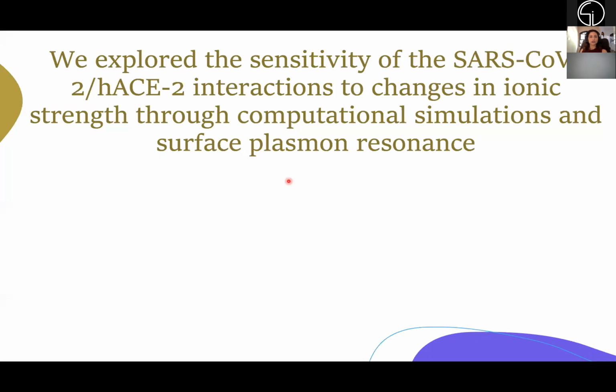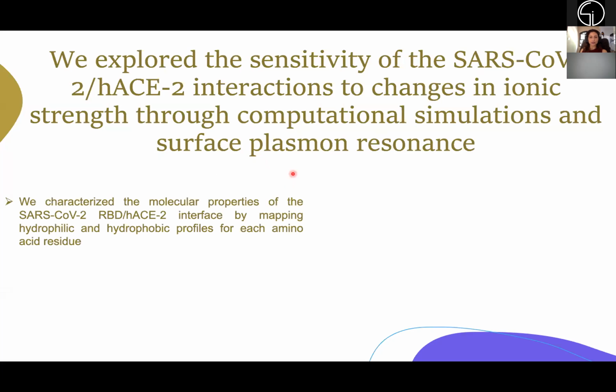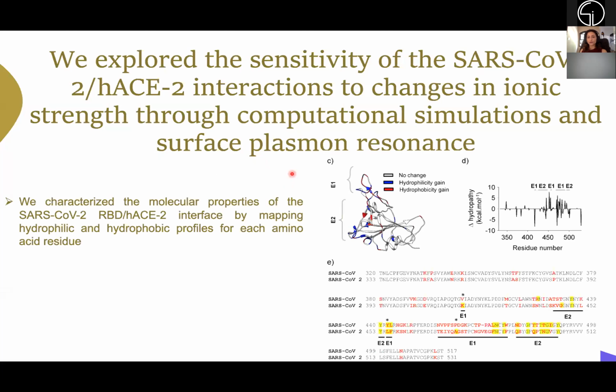So we performed different assays to measure that by computational simulation, and also by experimental data using surface plasmon resonance.